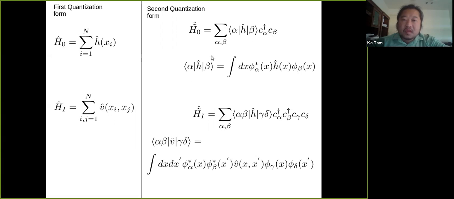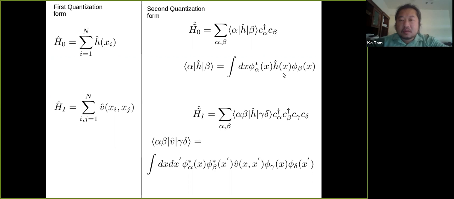Now, how do we write the Hamiltonian in the second quantized form? Basically, we just substitute the wave function by the creation and annihilation operators, and the form is given here. So we have a creation of the alpha state and destruction of the beta state, with the matrix element given by the single particle wave function sandwiching the single particle Hamiltonian in the first quantized form.